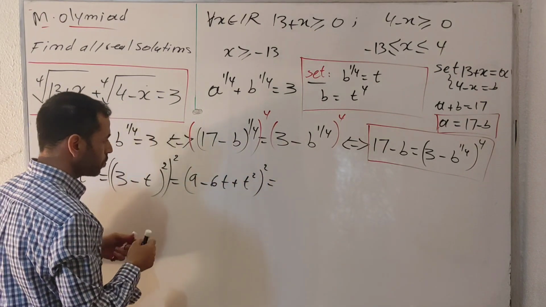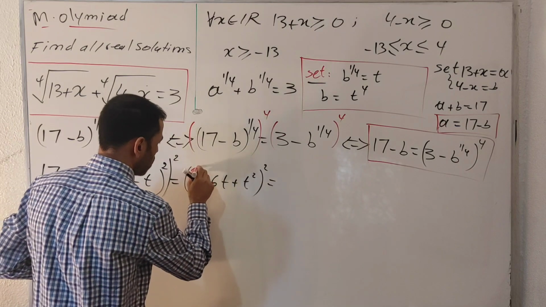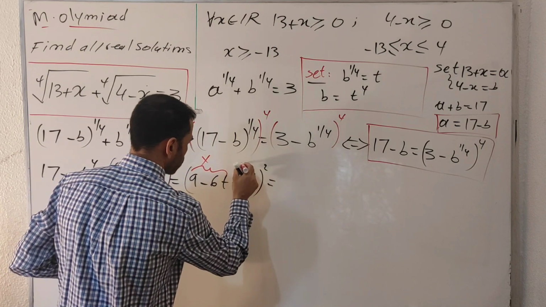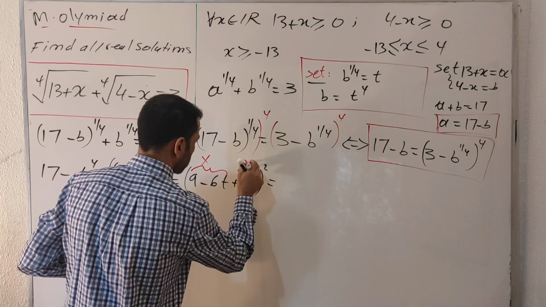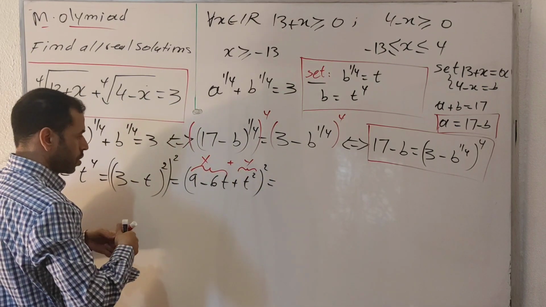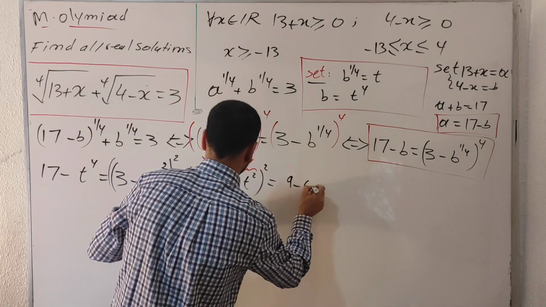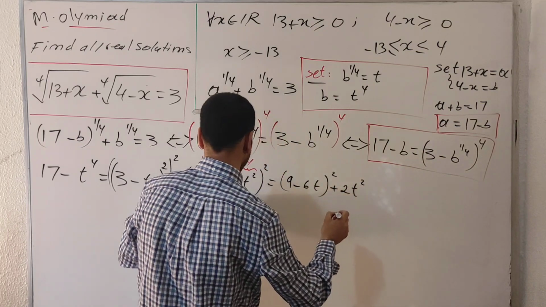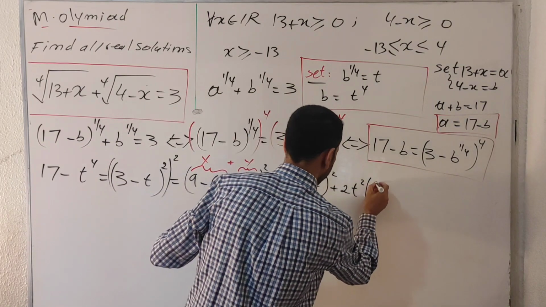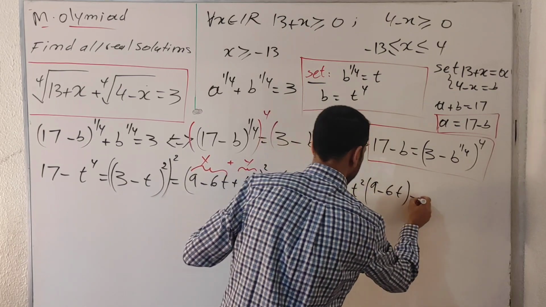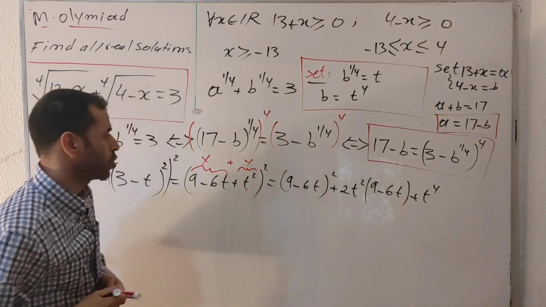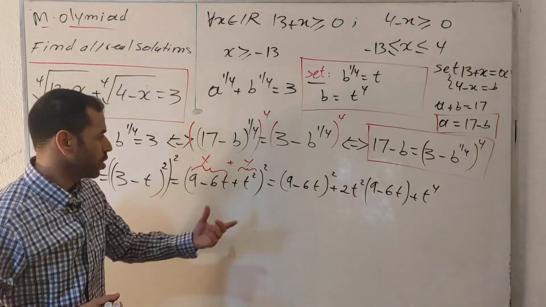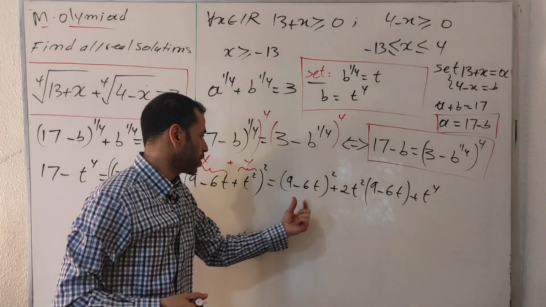Let's put this one as capital X and this one as capital Y. I will have 9 minus 6t quantity squared plus 2 times t squared multiplied by 9 minus 6t plus t to the fourth. As we have a plus b quantity squared equals a squared plus 2ab plus b squared. Now I'm going to simplify this expression.